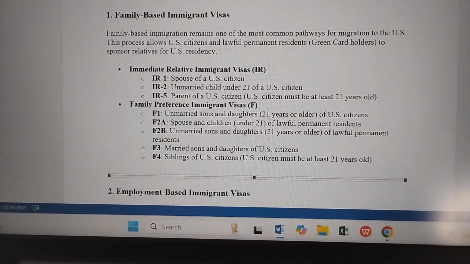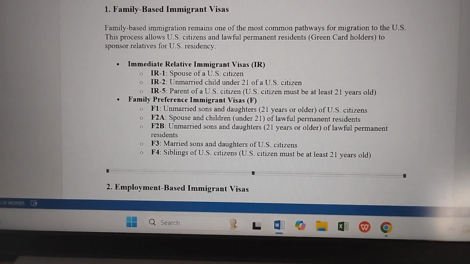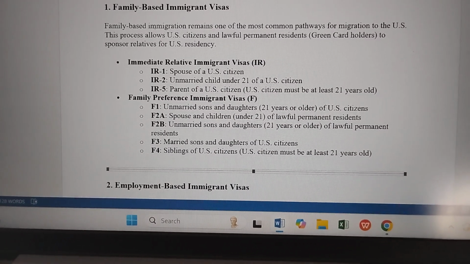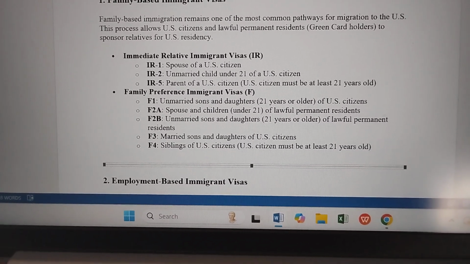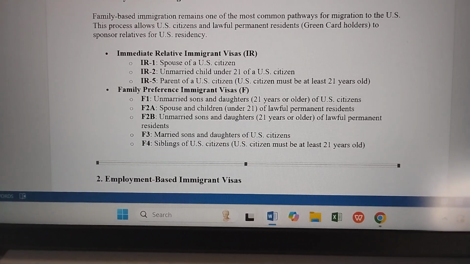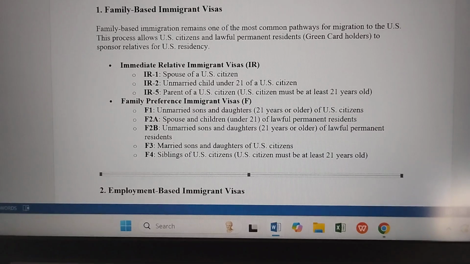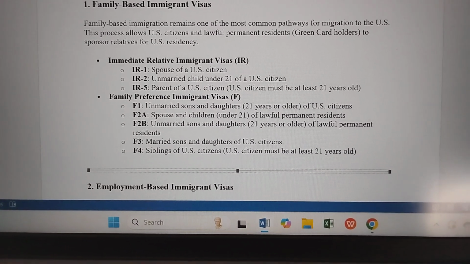Now, family preference immigration visa, F1. Unmarried sons and daughters 21 years or older of U.S. citizens can still come, but now under F1. F2A: spouse and child under 21 of lawful permanent residents can also come to the U.S. and pursue their path to permanent residency.